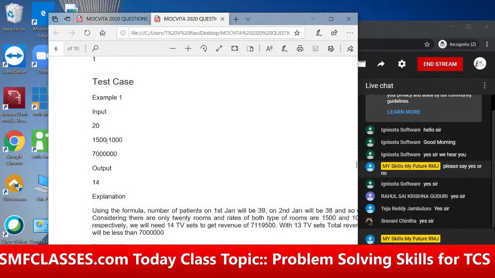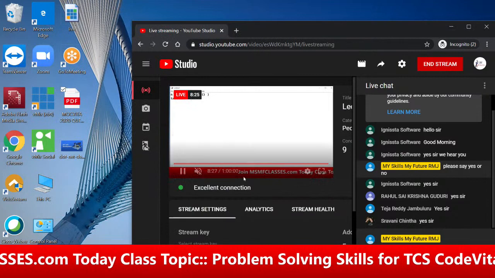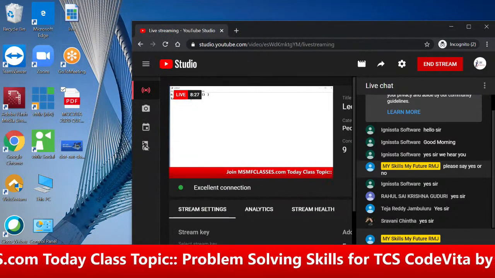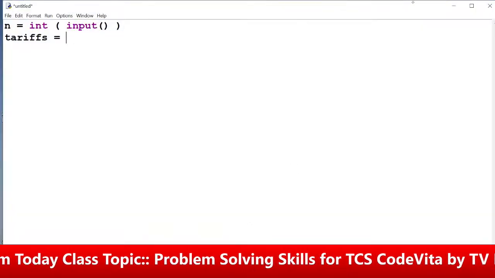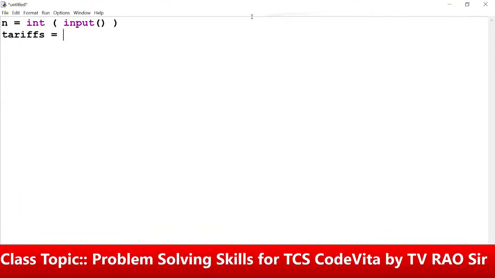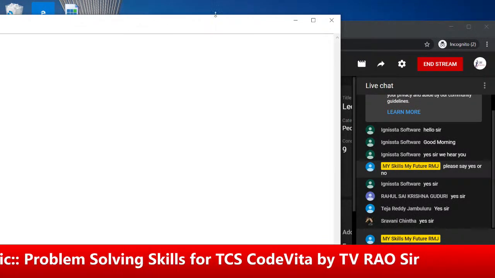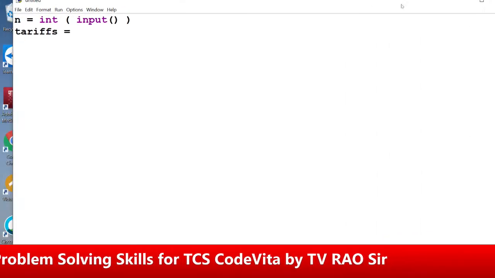How are they given? Space separated values. They are space separated values. The values are space separated values.